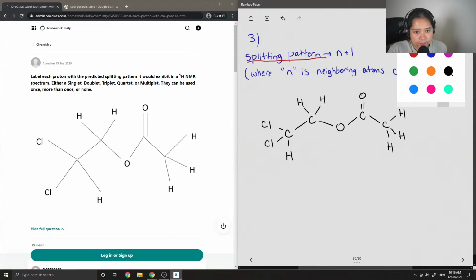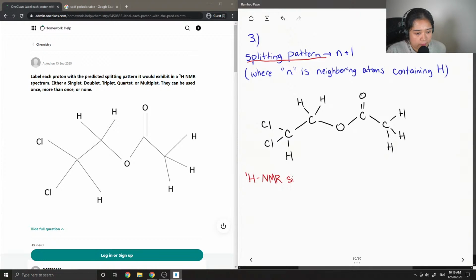Okay, so I'll just also add that when we have an H NMR signal, there is a signal for every unique hydrogen in the compound.